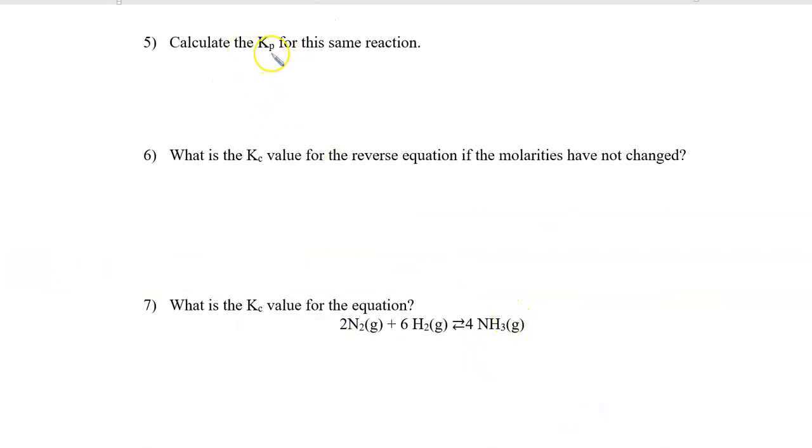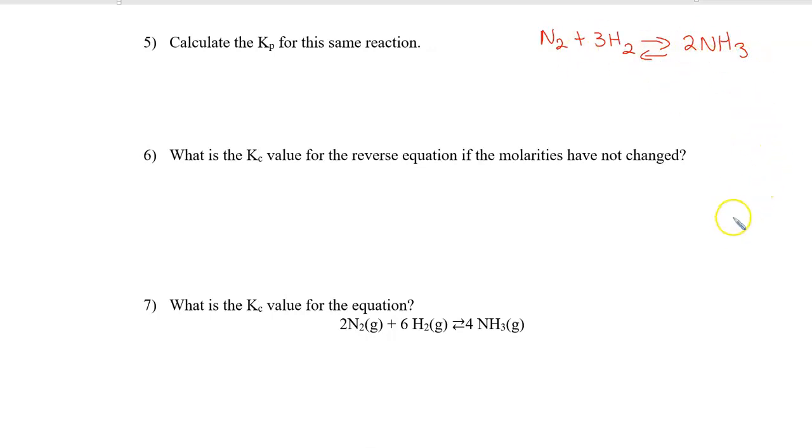Alright, so it says calculate the Kp for this reaction. Let me get that reaction back up here where we can be seeing it on this problem. So we had nitrogen plus 3 hydrogens, and that made 2 ammonia. You get that double arrow. I haven't been doing the double arrow for a while, so I'm going to have to make myself do it again.